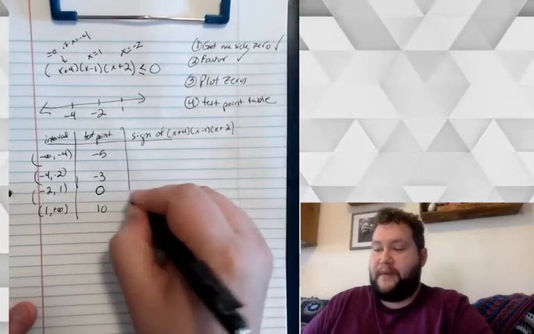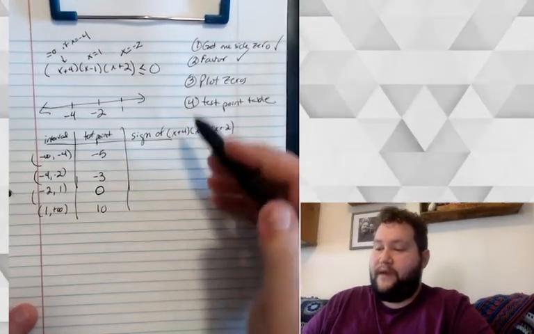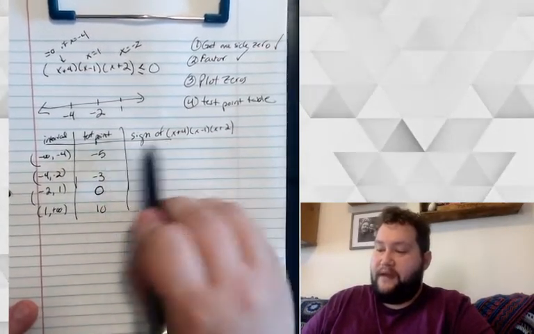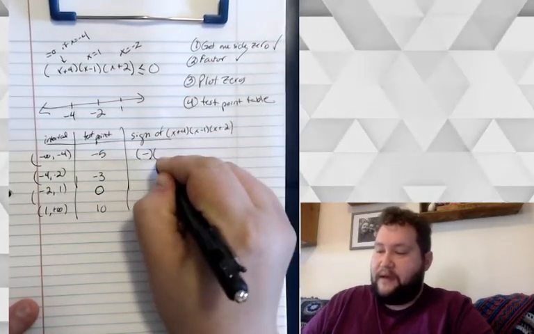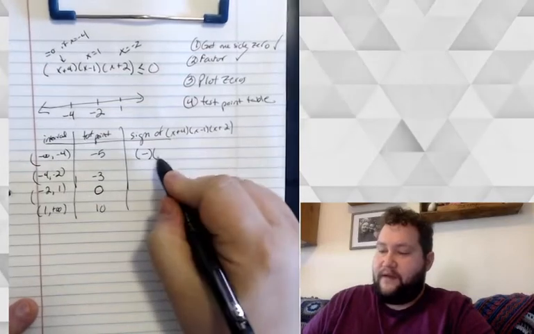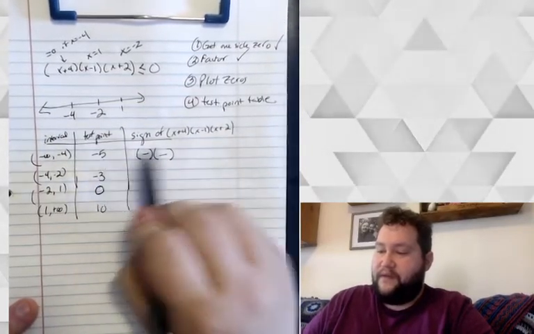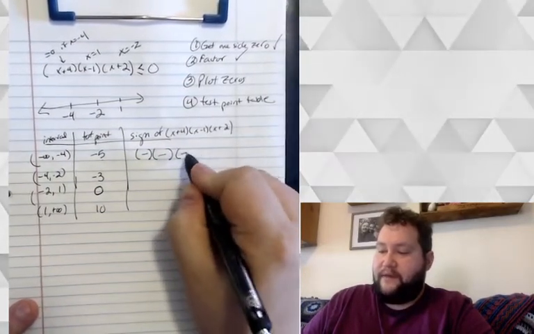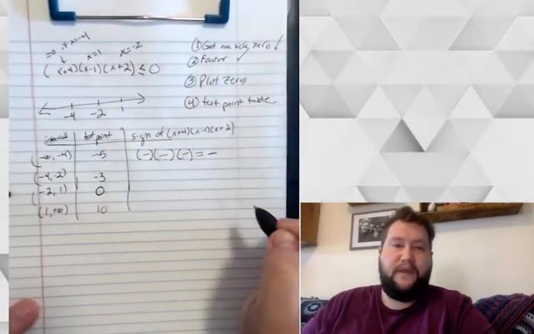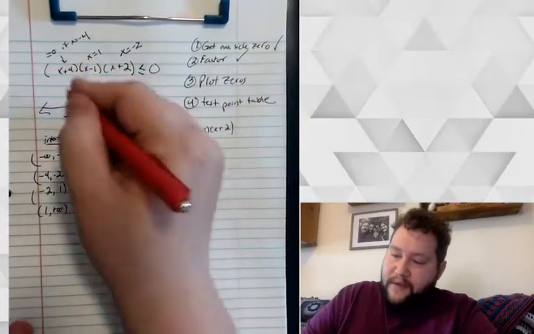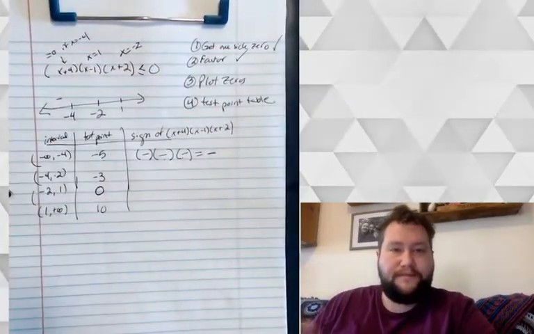It doesn't really matter. So if we take negative 5 here, negative 5 plus 4 is negative 1. So we have a negative times negative 5 minus 1, which is negative 6, also a negative. Negative 5 plus 2 is also negative. So we have negative times negative times negative, which is negative. And if you want, you can go back and put those signs up here on your number line.